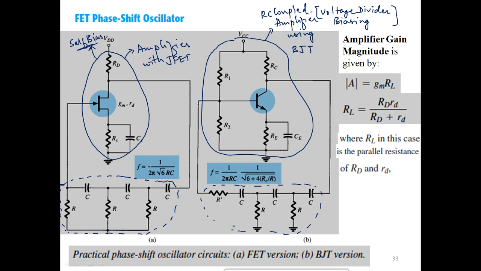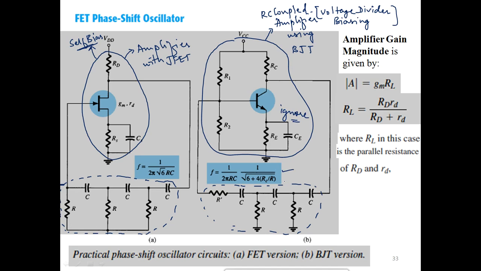If you go through the formulae, with JFET it is 1 upon 2 pi RC square root of 6. If it is with a BJT, then there is a small change, and that is 1 by 2 pi RC multiplied by the factor 1 upon square root of 6 plus 4 RC upon R. Since we are not studying the amplifiers with respect to BJT, at least in your theory, we'll ignore this and forget this particular formula.